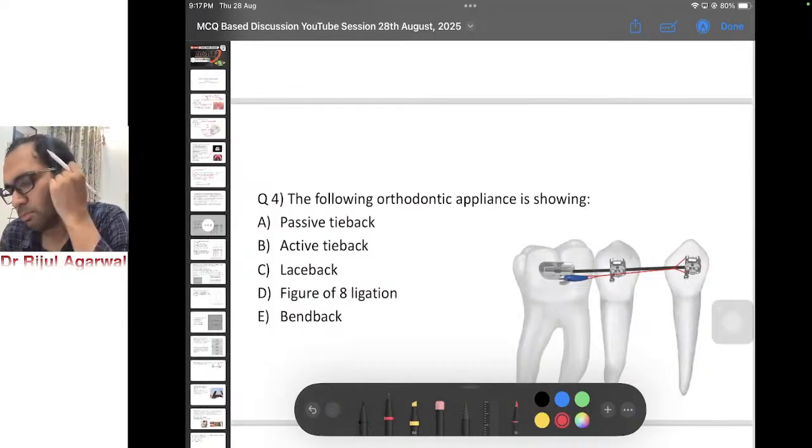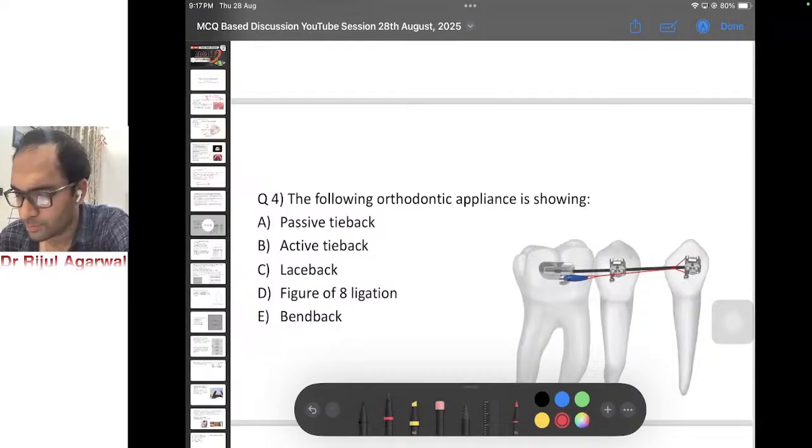Option B, no one else? Okay, yes, the option is active tieback.